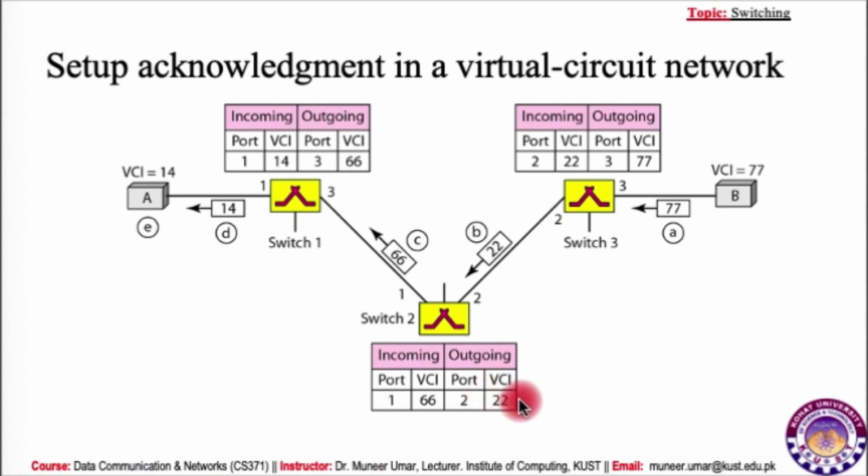It was not present in the previous step, so this one got filled now. In the same way, switch 2 will put VCI 66 with the frame according to this table, which was previously entered, and this would be transmitted to switch 1, and ultimately the acknowledgement would be received by A.